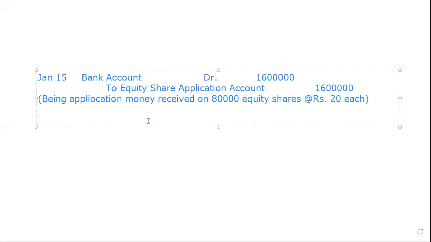Next, because applications were received till 15th January and the shares were allotted on 20th January, we also have to pass the allotment entry, that is January 20.